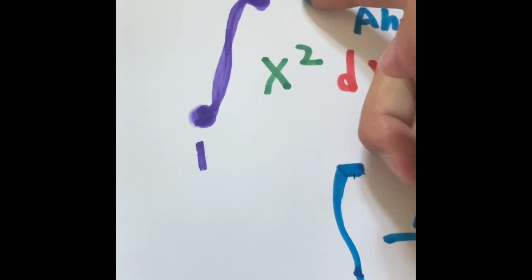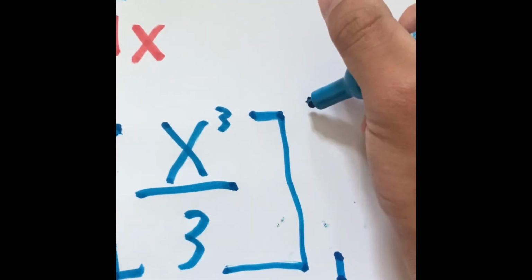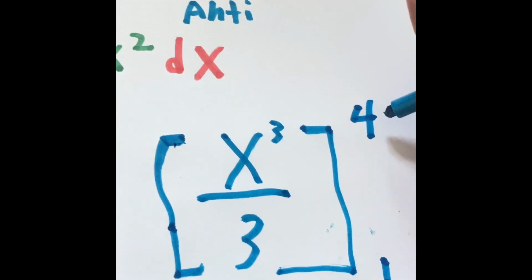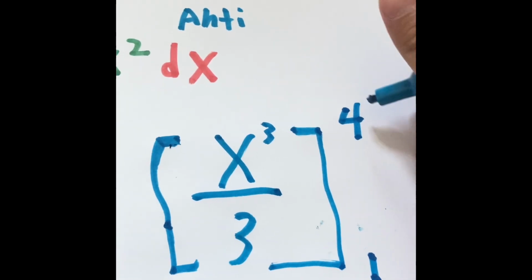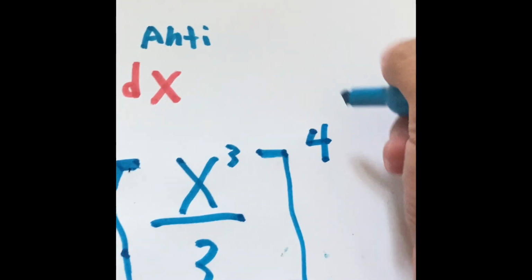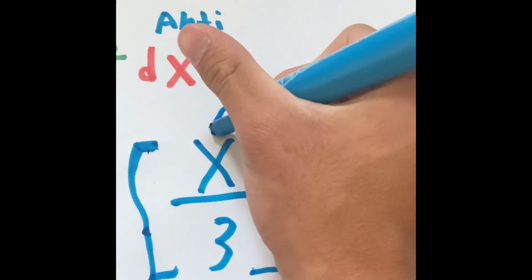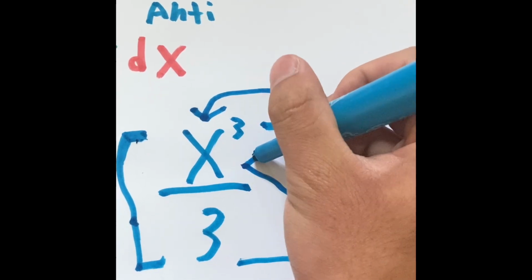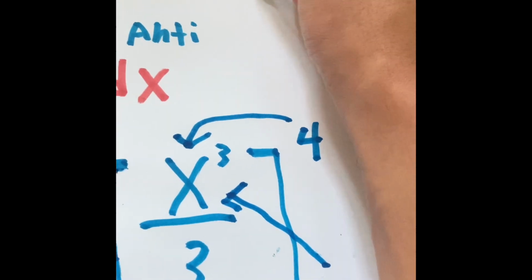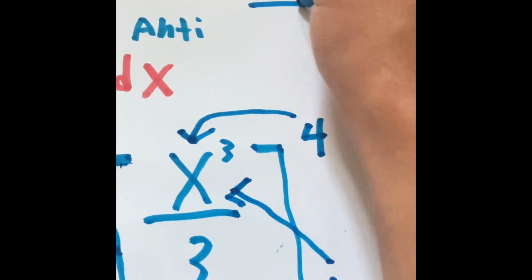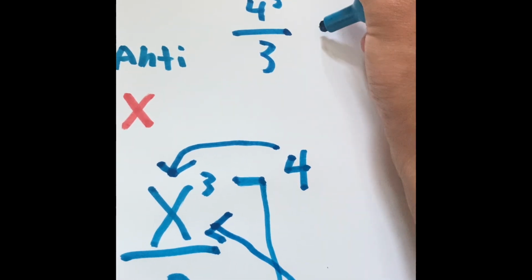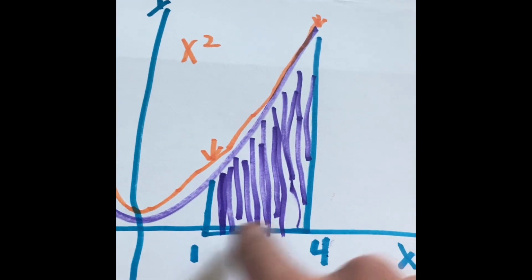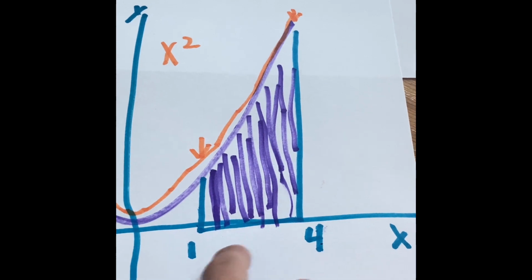The upper part of the integral, or the bigger number, is going to be on the top, or 4. Now, we have to come up with two equations. We insert 4 for x in the first one, and 1 for x in the other. So we have 4 cubed, or 4 to the third, divided by 3. We have to subtract that because we're trying to find the area, and that is the difference between the two.